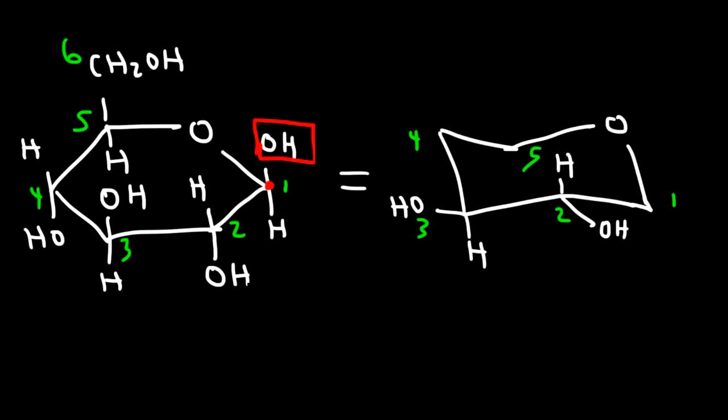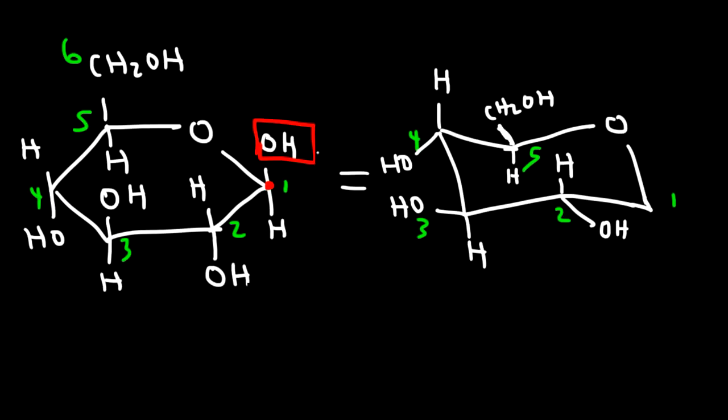For carbon 4, H is in the axial position, the OH is in the downward equatorial position. And for carbon 5, we have H in the downward axial position, and we have the CH2OH group in the slightly up equatorial position.